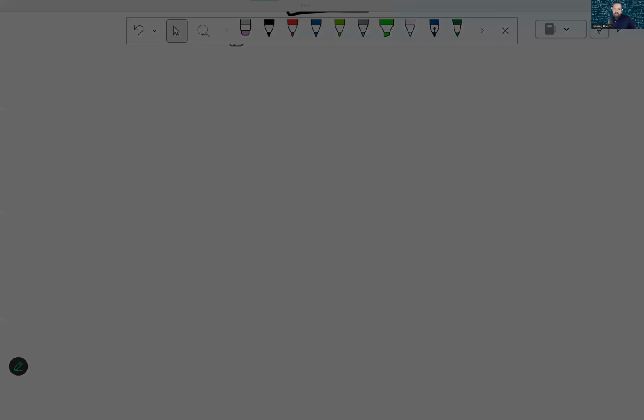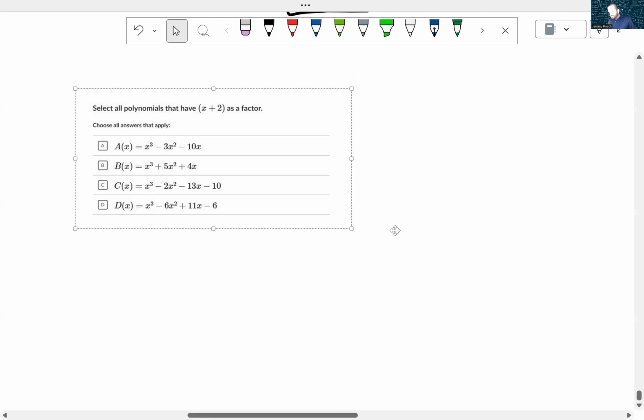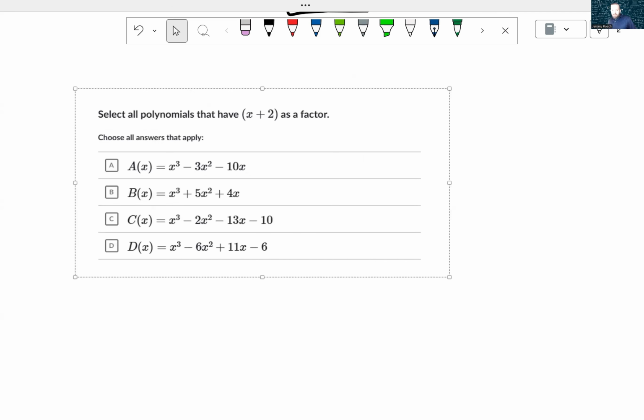Okay, so here's another one. It says select all these polynomials that have x plus 2 as a factor. You could divide all of these by x plus 2 and see if it gives you an answer without a remainder, or the shortcut method is using the remainder theorem.